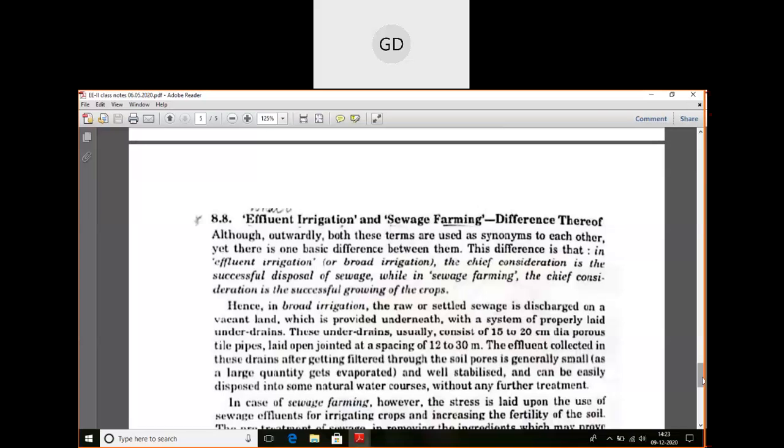In effluent irrigation, the main consideration is the successful disposal of sewage, while in sewage farming the main consideration is the successful growing of crops. So this is the main basic difference.